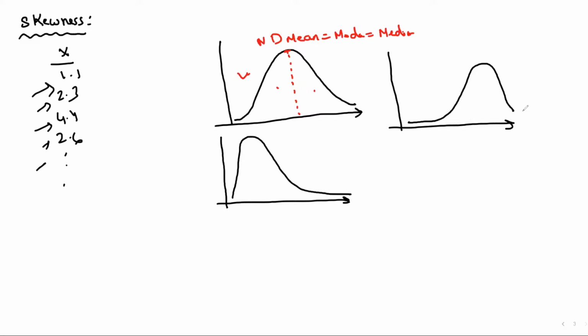Now for this graph, you see the tail on the left hand side. You can remember which is which by remembering a few points. The tail is on the left hand side here. For this one, the tail is on the right hand side.